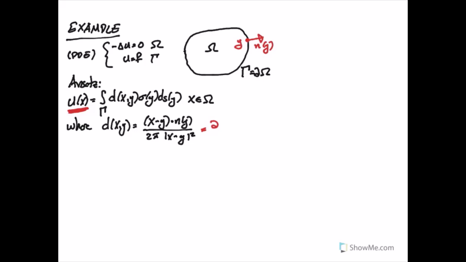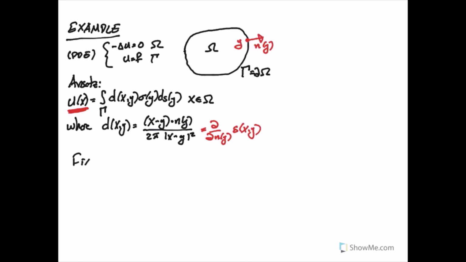So you can view this function as a normal derivative of s of xy. s of xy was the log function, just the standard fundamental solution, and this is really the normal derivative. So what is u? You can view it as a collection of dipole fields.